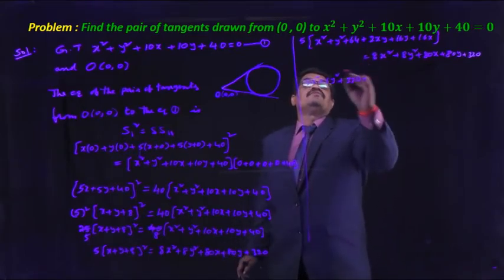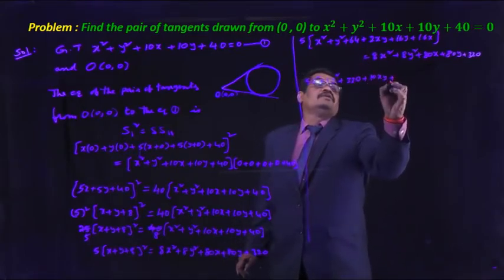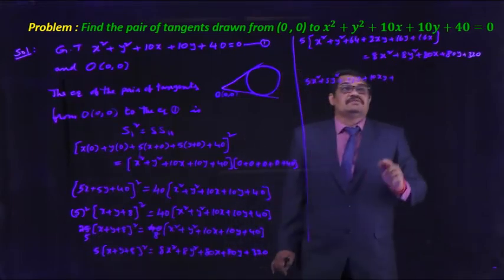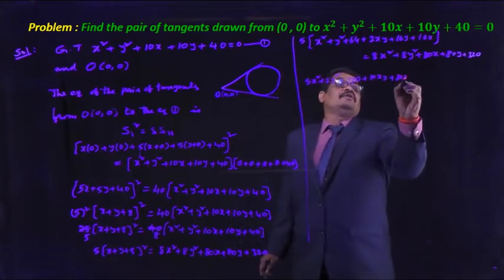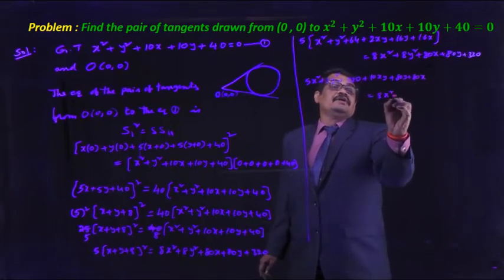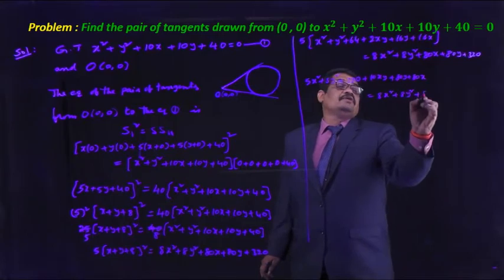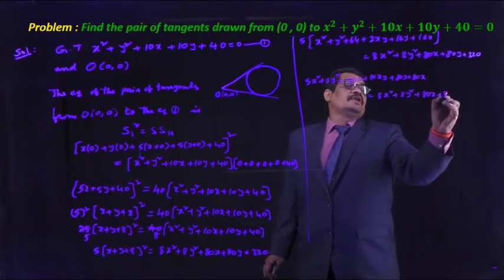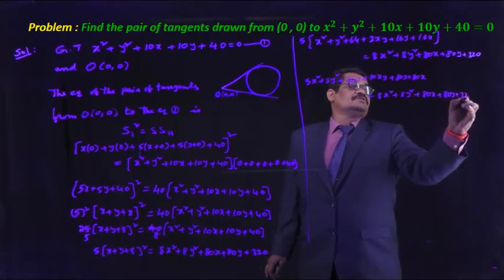Next, 5 into 10xy, that is 10xy. Next, 5 sixteens are 80, so 80y plus 80x, is equal to 8x square plus 8y square plus 80x plus 80y plus 320.